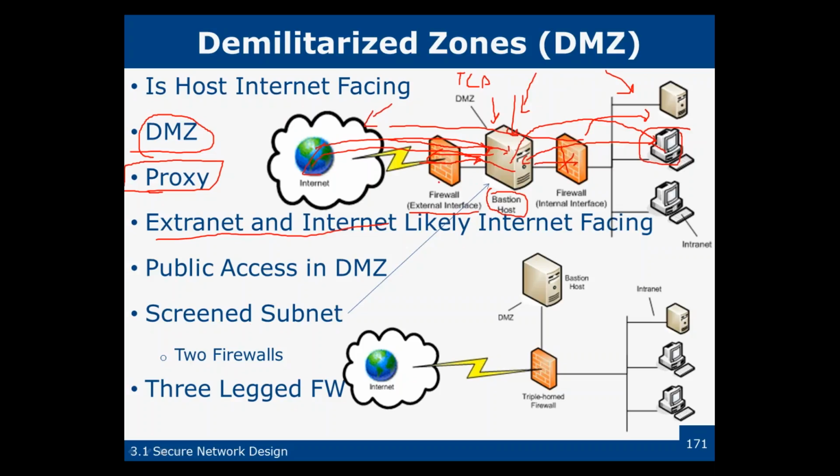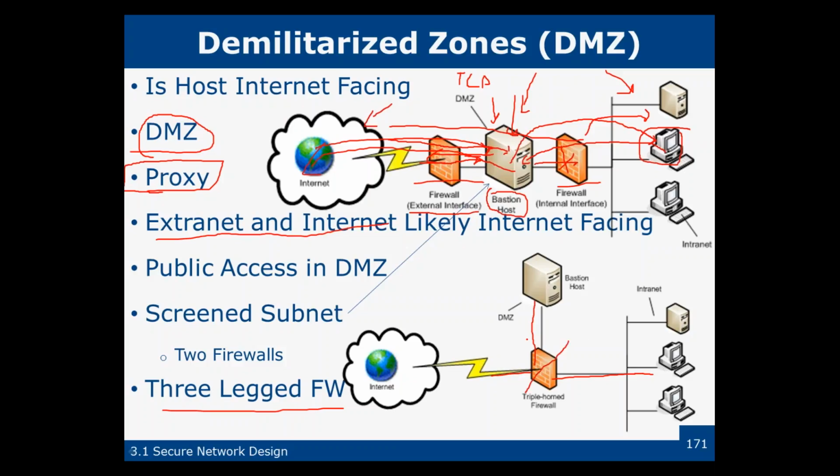This is a screened firewall, or a screened subnet up here. It has two firewalls. The other way we can have is a three-legged firewall, where we have a device that has a DMZ capability, a firewall capability to protect our trusted network, and a public-facing interface. So we have a three-legged firewall here.